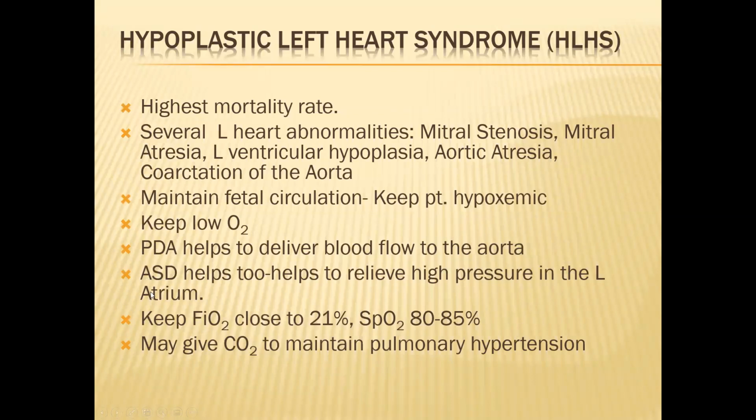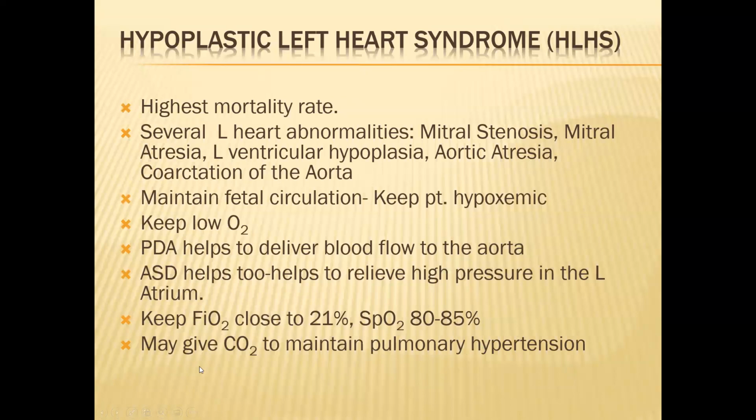It also helps to have an ASD, and sometimes they'll create a hole between the septa of the atria, just to relieve the high pressure in the left atrium. So keep FiO2 close to 21%. Shoot for pulse ox sats of 80 to 85%.